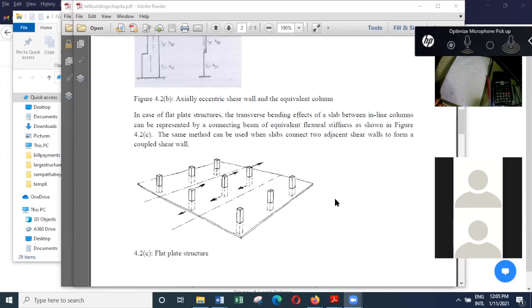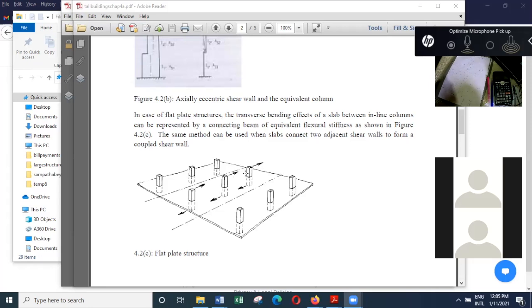for the vertical load analysis, what we generally do is we consider that from one center line to the other center line, this slab will act like a beam and then transfer all the loads onto these columns.